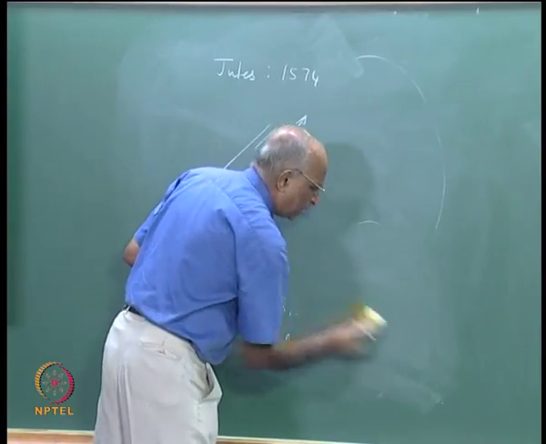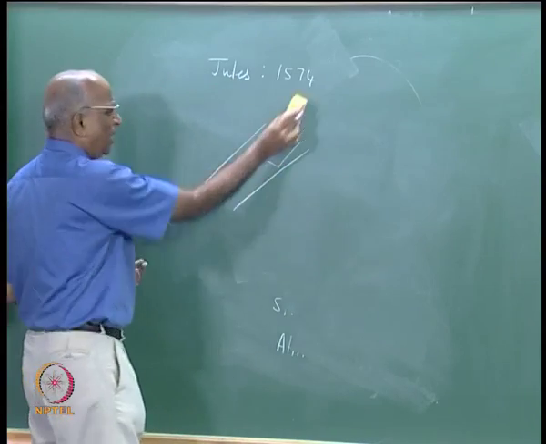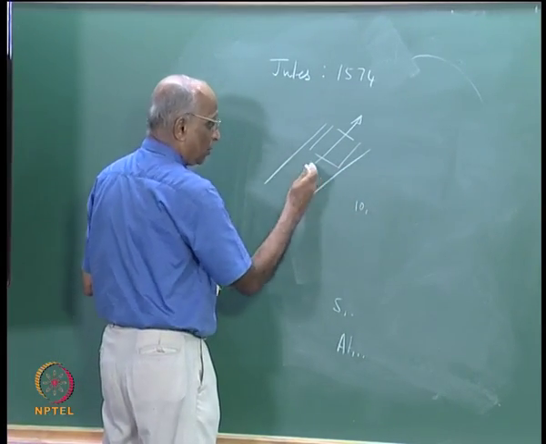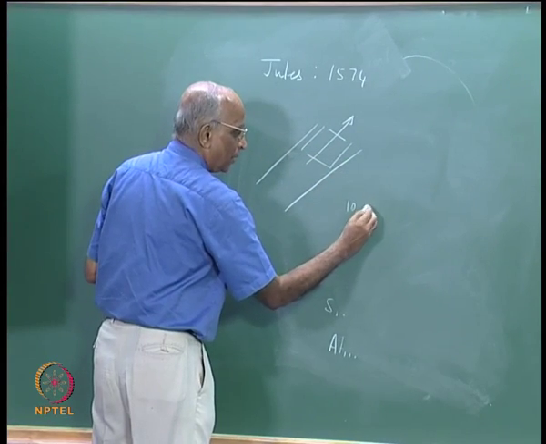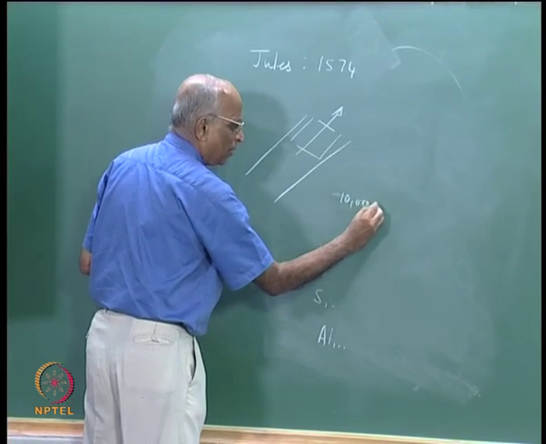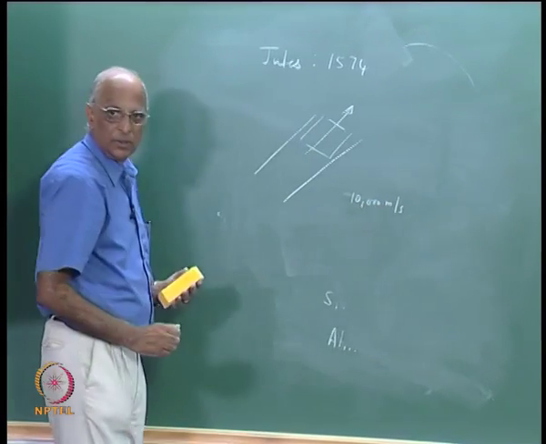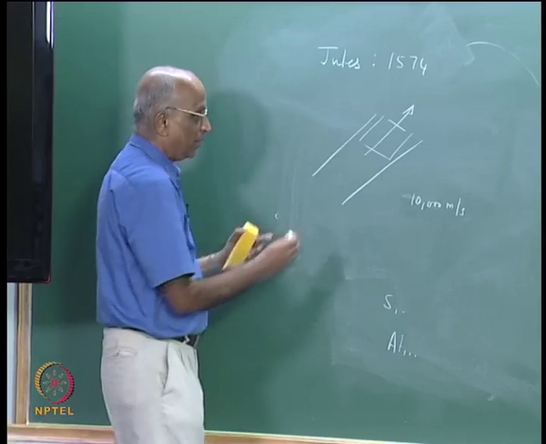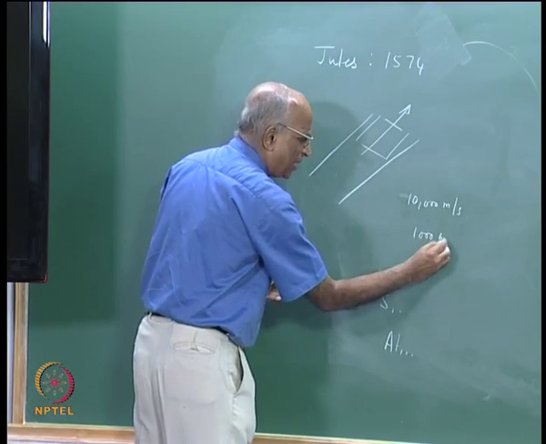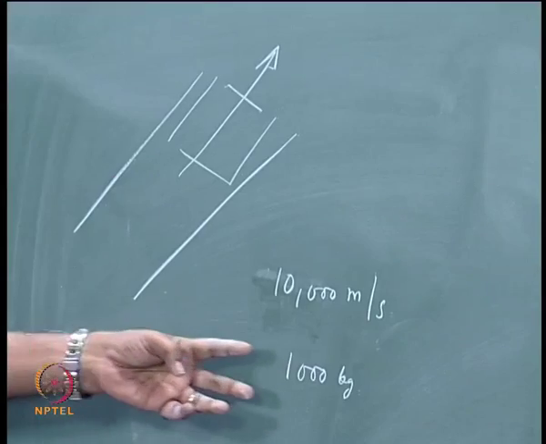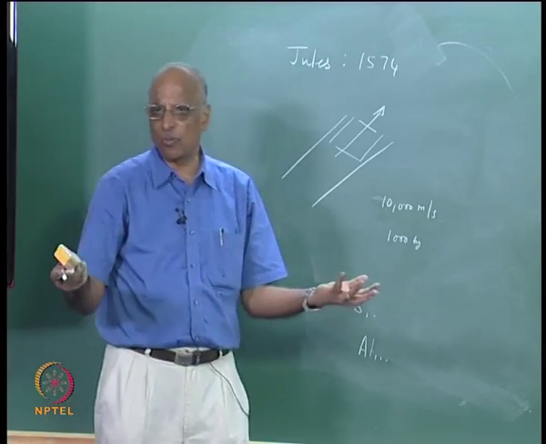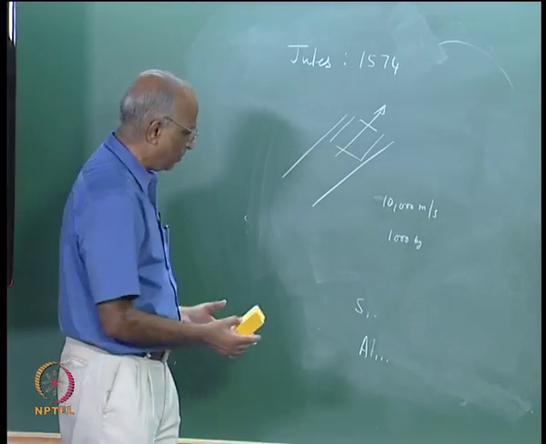It is around 13 kilometers per second, or let us say the total velocity required is around 10 kilometers per second, that is 10,000 meters per second. Supposing the mass of my body which I want to orbit is around 1000 kg, because 1000 kg is something wherein I can put some equipment, maybe 1 or 2 people can be there, you have something for life support and all that. 1000 kg seems reasonable.